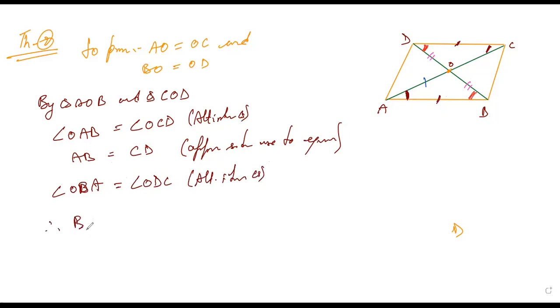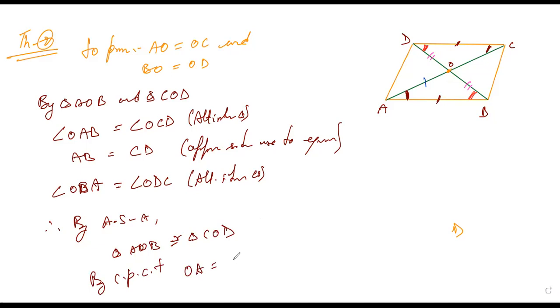So therefore, by ASA, we can say triangle AOB is congruent to triangle COD. So these two triangles are congruent now, and our proving has been done. So by CPCT, we can say OA equals OC, and OD equals OB. These are the two things which we needed to prove.